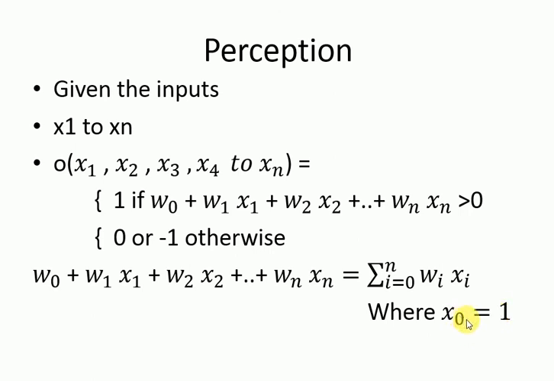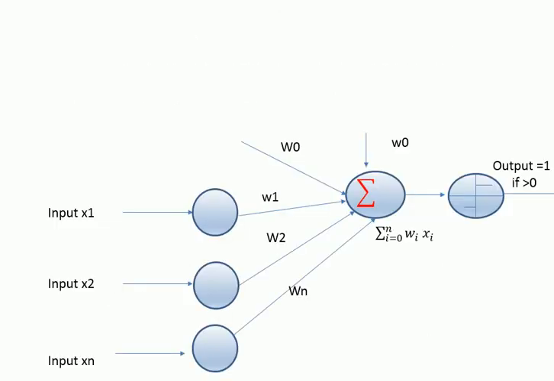For x0 equals 1, we are multiplying it by 1 plus w0, and this is the threshold. That means the threshold is the minimum value that it has to pass through. And here you have the representation of this neural network.